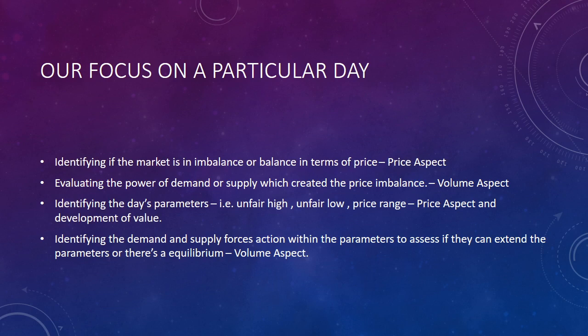And at any given point of time, it has parameters, which is the price range, unfair high and unfair low. And the auction process is such that if the buying is shut off, then the market stops moving up, and similarly if the selling is shut off, the market stops moving down, right?